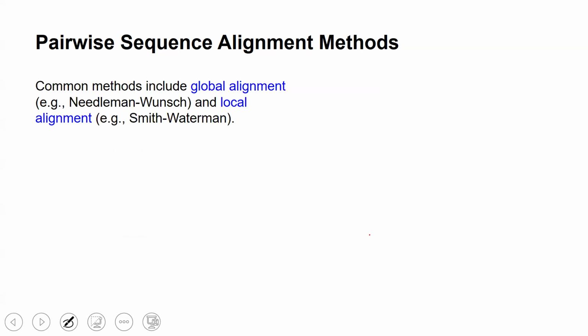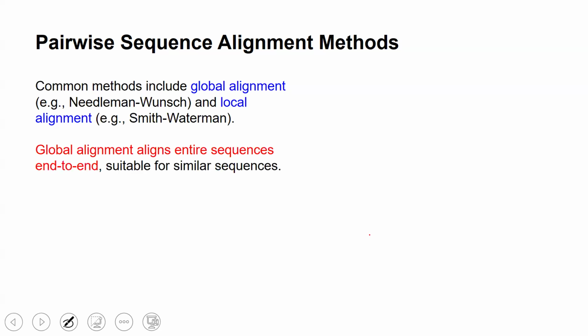The common methods in pairwise sequence alignment are global alignment and local alignment. An example of global alignment is Needleman-Wunsch, and for local alignment, we have Smith-Waterman. So these are the two common methods that we apply in pairwise alignment.